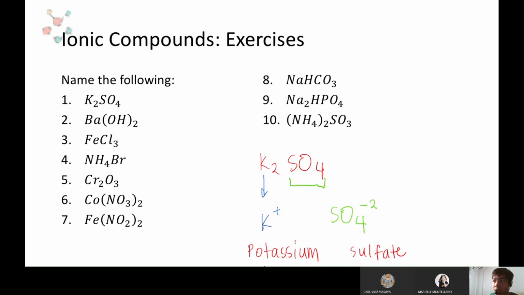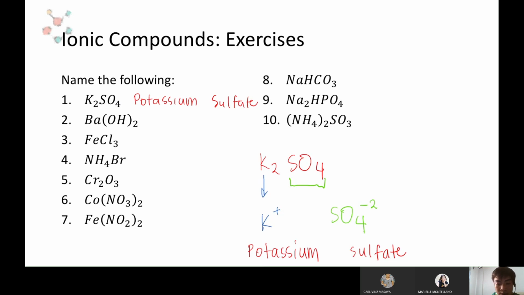K2SO4. Ang pangalan niya ay potassium sulfate. So, you just add the two names. So, the name of K2SO4 is the name of the cation, potassium, and the name of your anion, sulfate.